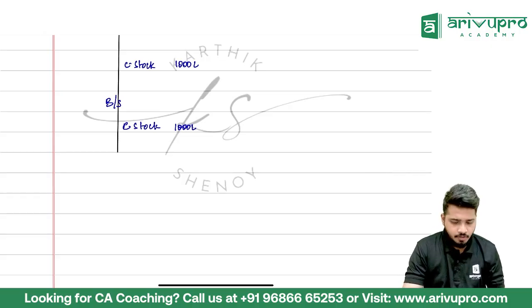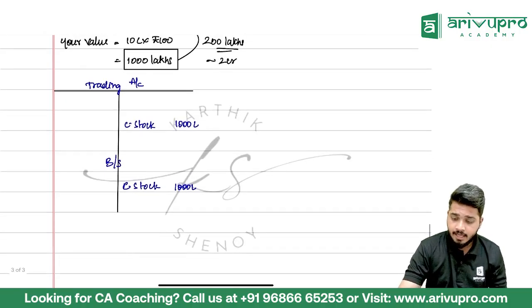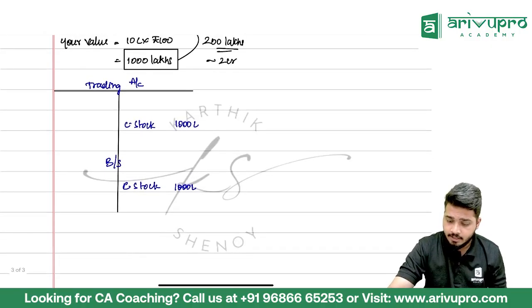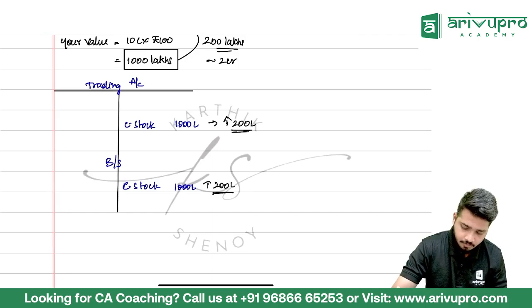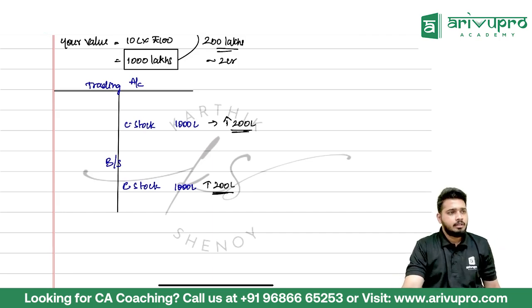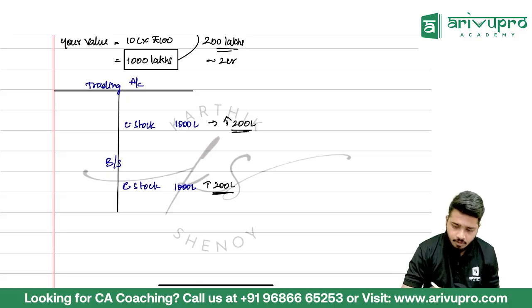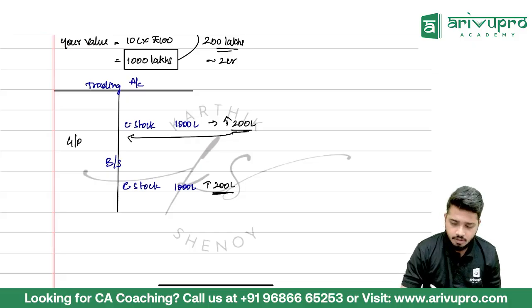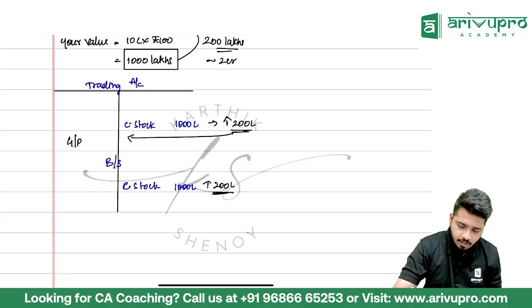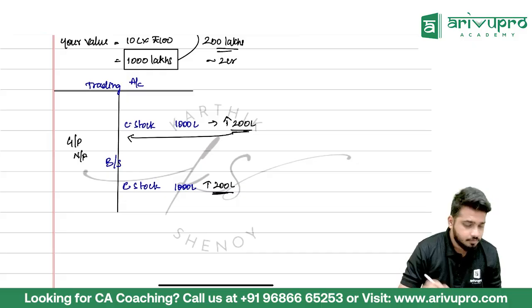Now, can I say it is not 1000 lakh, there is overvaluation of closing stock by 200 lakhs. This 200 lakhs will reflect in gross profit, which will be nothing but net profit later.